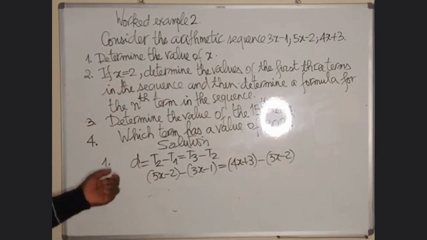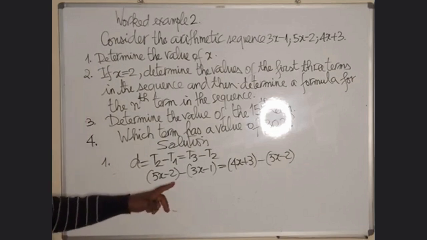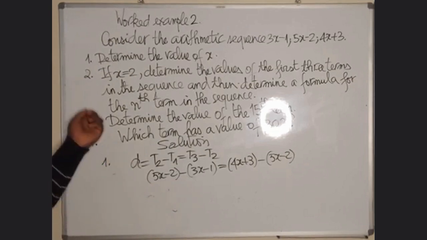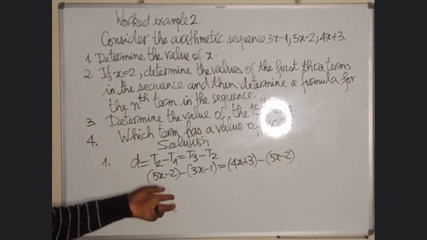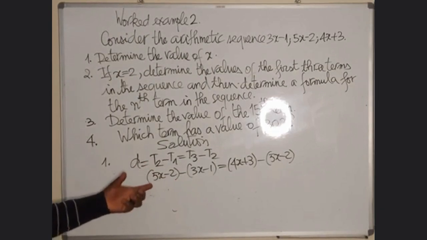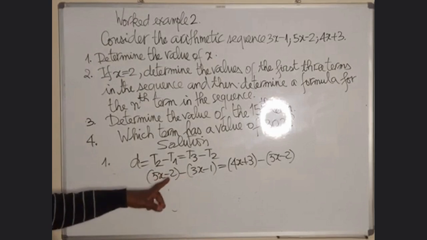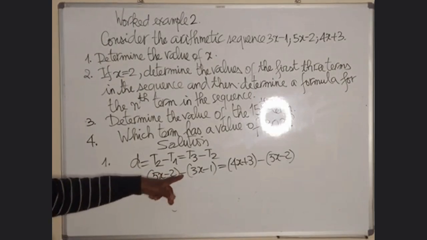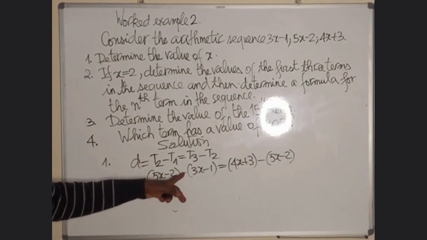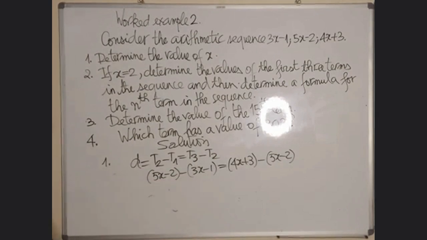As we are having the terms being expressed in terms of x, we must make sure you take the precaution of using the bracket to avoid mistakes, because remember, we're having a negative sign in front of the bracket.